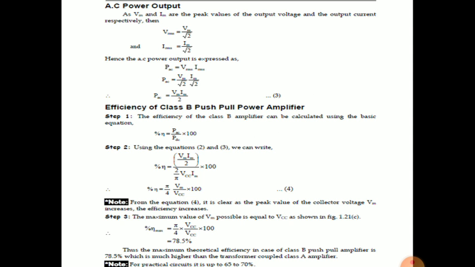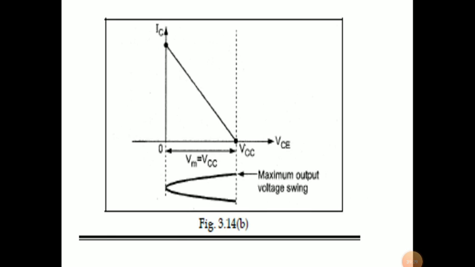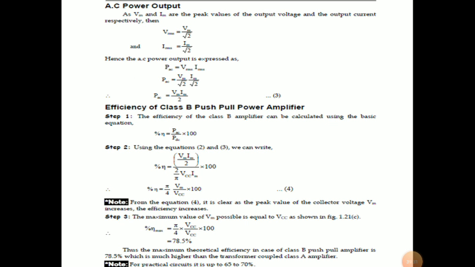So Vrms is equal to Vm by root 2, Irms is equal to Im by root 2. Hence the AC power output is Vrms into Irms, that is equal to Vm by root 2 into Im by root 2. So we get PAC is equal to Vm into Im by 2.